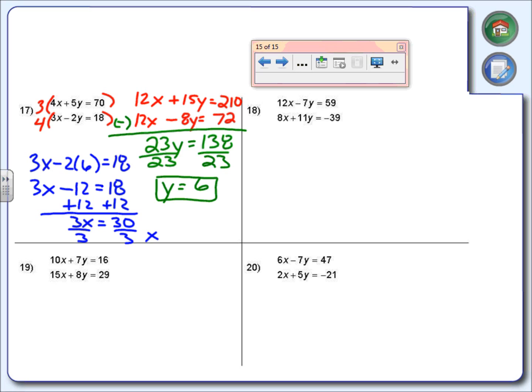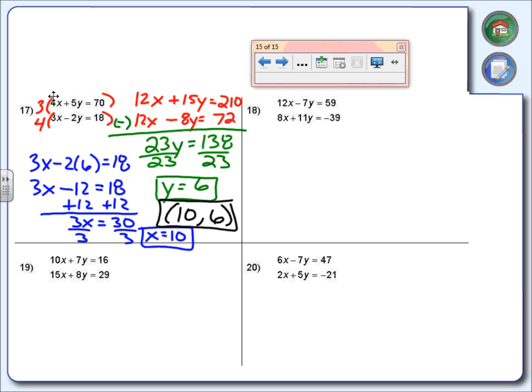And finally divide that by 3. 30 divided by 3 is 10. So now I've got both numbers. I just need to write it as an ordered pair. And that ordered pair is going to be 10, 6. There's my solution. That is my ordered pair, 10, 6.